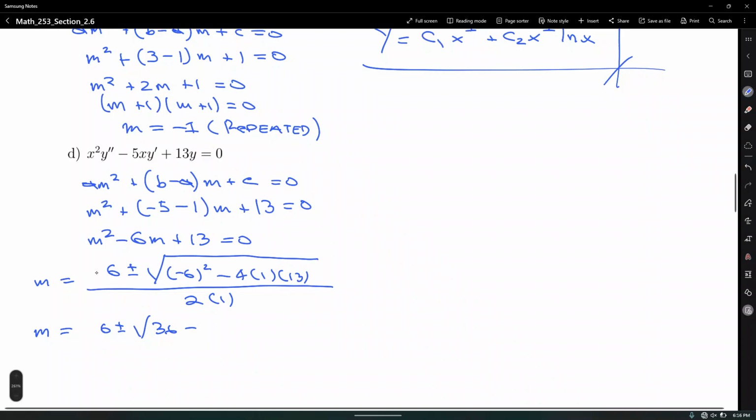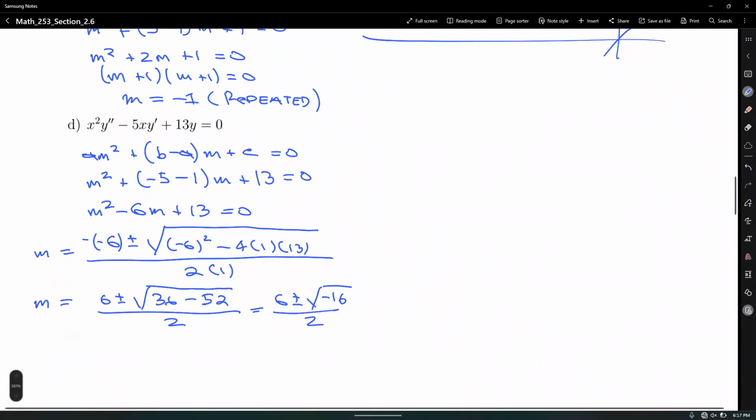Actually, let me write negative, negative, to make more sense about it. And then yes, it becomes positive. So 13 times 4, is that 52? Divided by 2, which is 6 plus or minus the square root of 36 minus 52, is that negative 16, over 2? Well, we're going to get nice numbers.